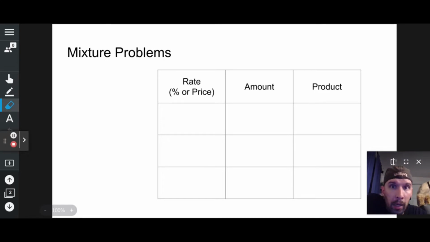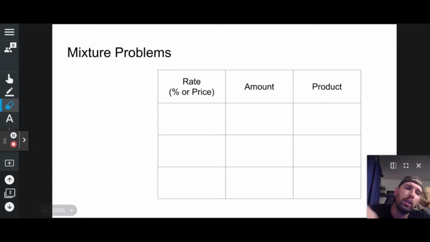What we're going to do is have information, and a lot of the information we're given is known. So you're going to be given something like, we have 25% of this stuff, and we want to mix 18% of this stuff so we can get 20% of that stuff. What we do is set up a table.